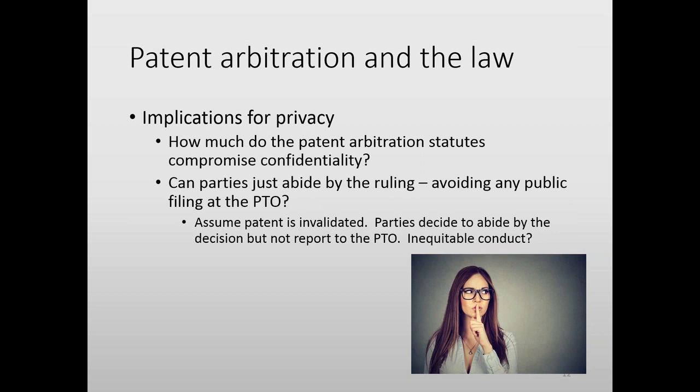But I would suggest it's not the most difficult breach of confidentiality that people will face. After all, to get an award enforced in court, normally you have to file it or make reference to it in some way for the court to deal with it. So you're never going to have total privacy in many cases anyway.